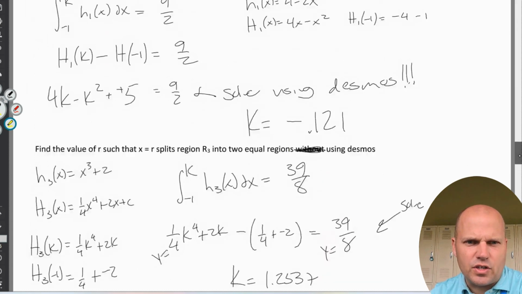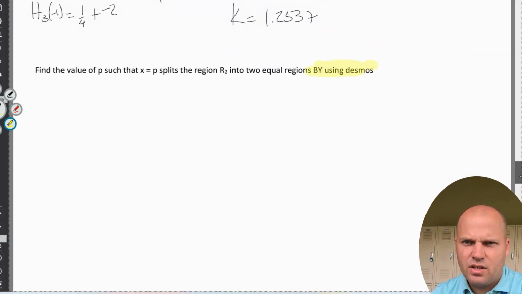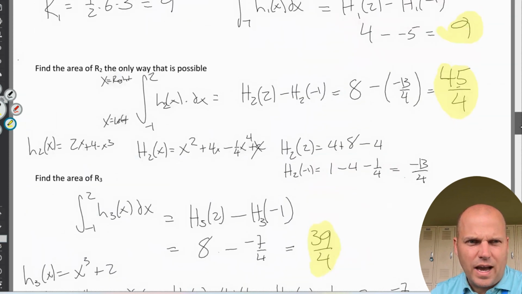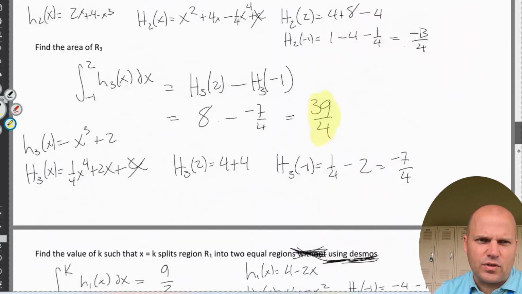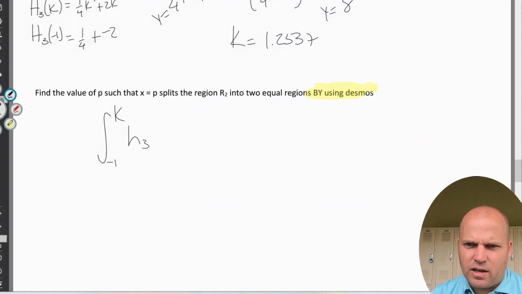All right, so for the second region, we got 45/4, which means split that in half, I get 45/8. So if I sum up from -1 to k, regular H3, I should get 45/8.